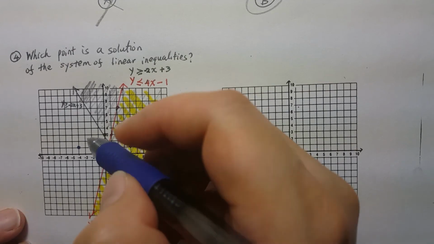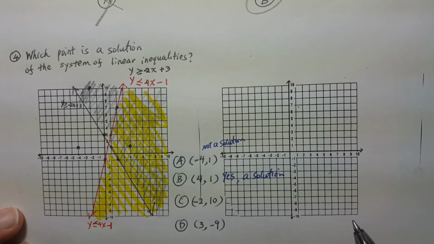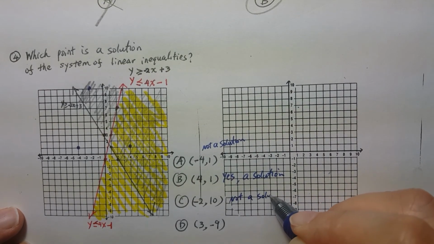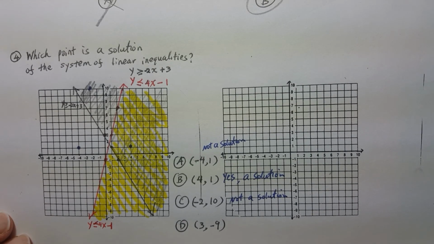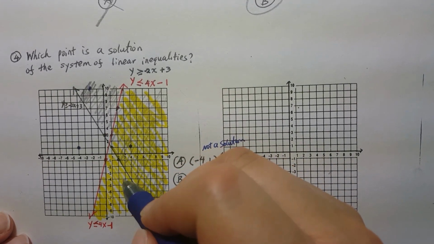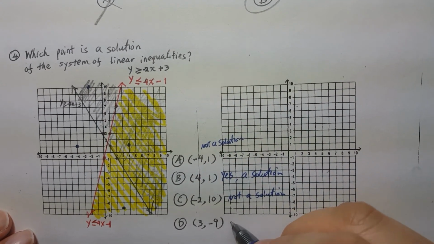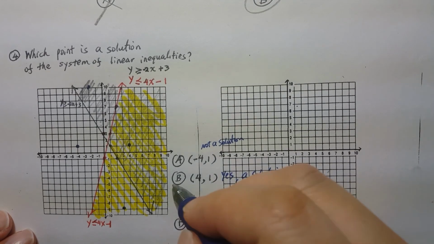Negative 2, comma 10 is right here. Not in both colors. So not a solution. And then let's take a look at part D. 3, comma negative 9. 3, comma negative 9 is right here. Not in both colors. So therefore not a solution. So therefore the answer is choice B.